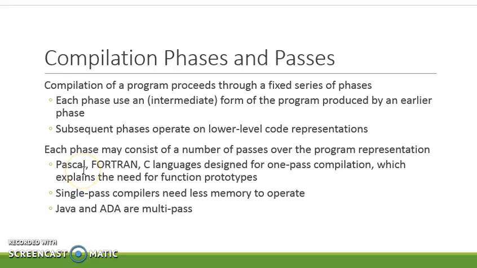Pascal, Fortran, and C were designed for one-pass compilation, which explains the need for function prototypes, and single-pass compilers need less memory to operate. Java and Ada use multiple passes. In this way, compilers are either single-pass or multi-pass, and each has its own advantages and disadvantages.